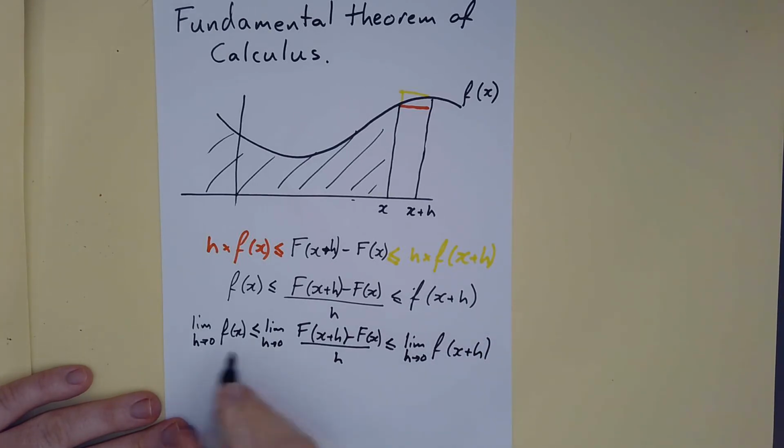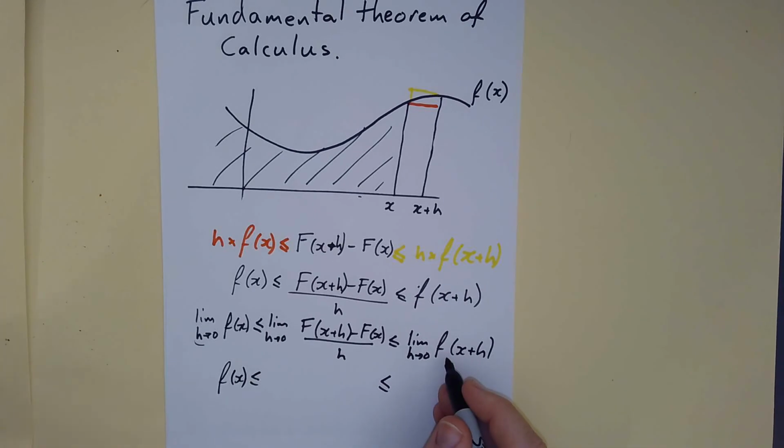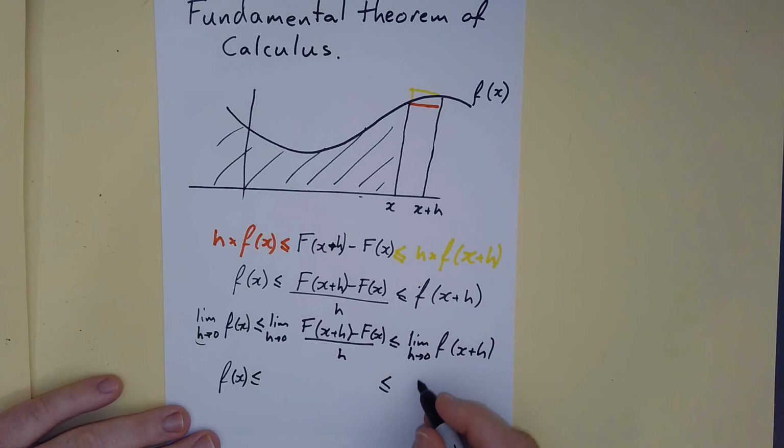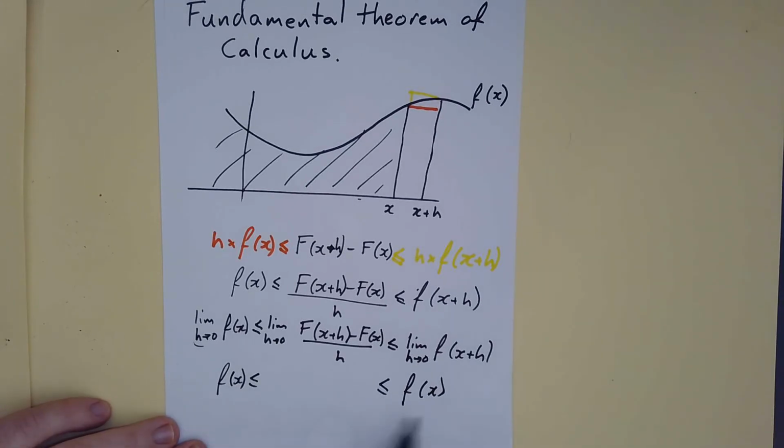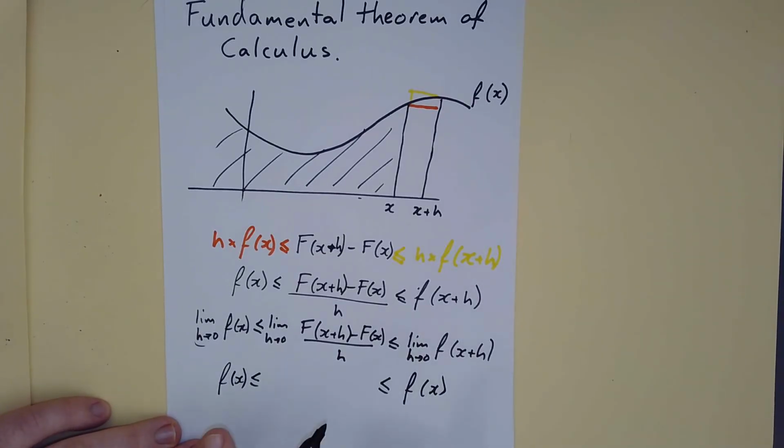Now, what we notice here, well, the limit here as h goes to 0, there's no h in here, so that doesn't change. And this bit here, when h goes to 0, well, I get x plus 0, so f of x. So I've now got this area bounded by two things that are the same thing.